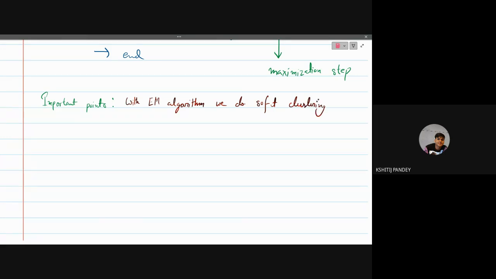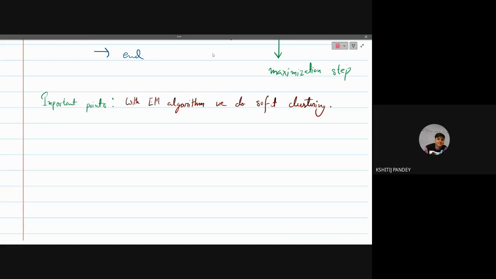And what do we mean by that? All points will have a probability of going into some mixture. Let's say if you have three mixtures, you'll have three different probabilities of that point going into the respective mixture. And you can convert this into hard clustering. And how is this EM algorithm better than your k-means algorithm?